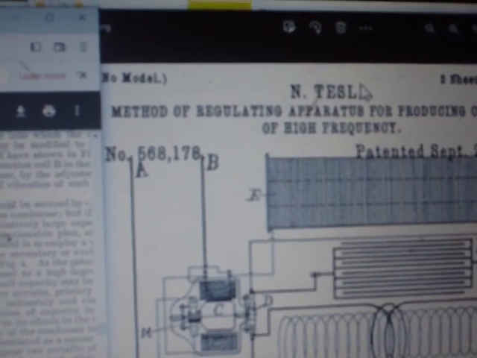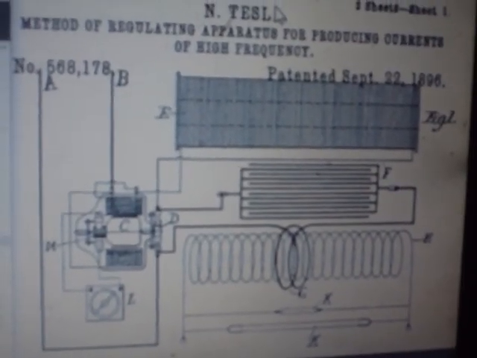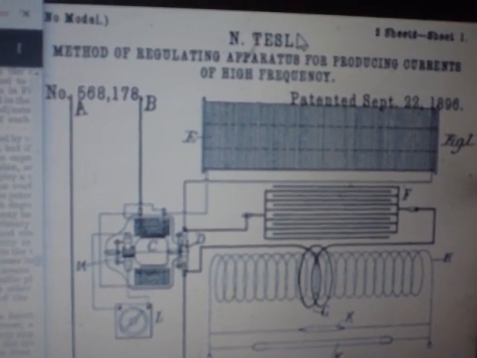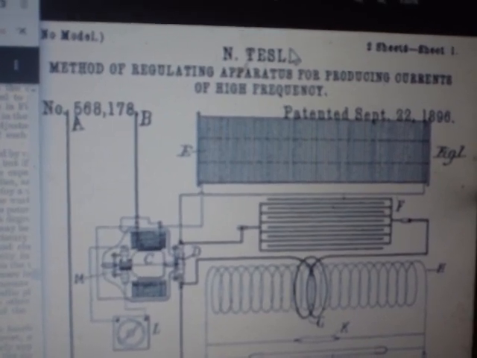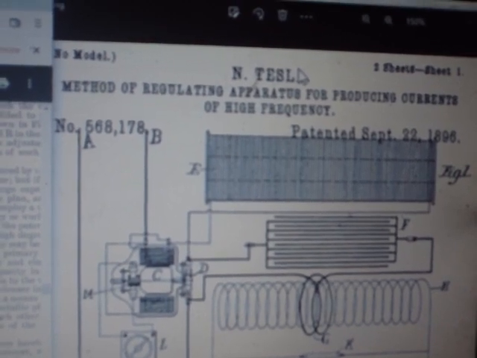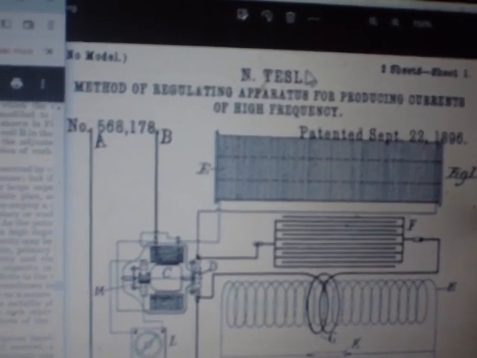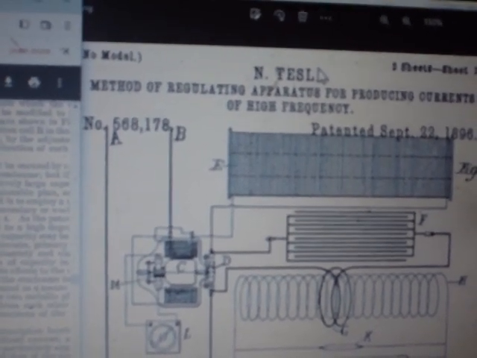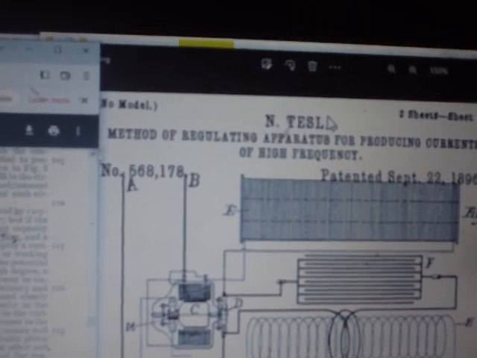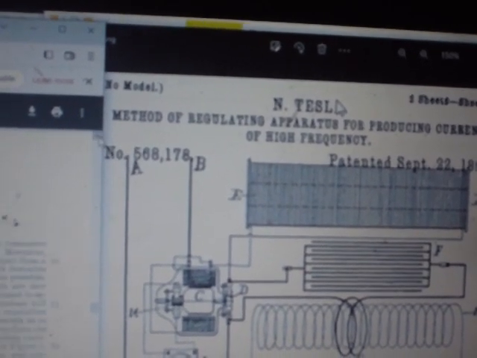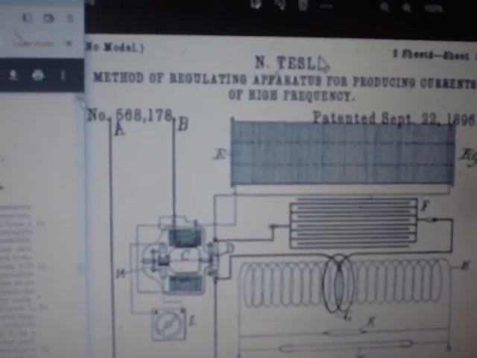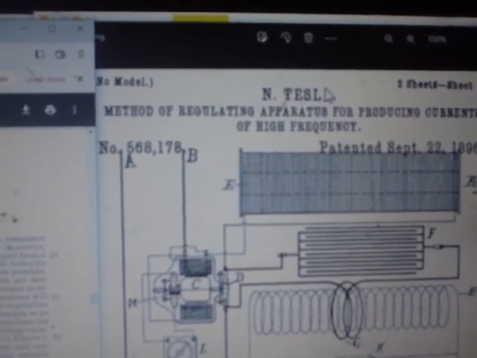In order to secure the greatest efficiency in a system of this kind, it is essential, as I have before stated, that the circuit, which as a matter of convenience I have designated as the charging and the discharge circuit, should be approximately in resonance or electromagnetic synchronism.